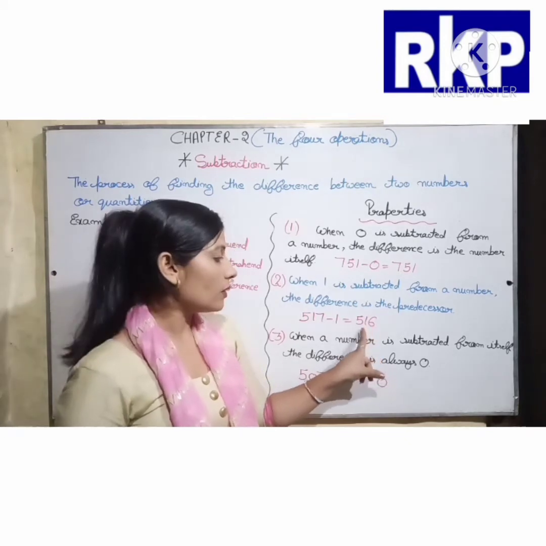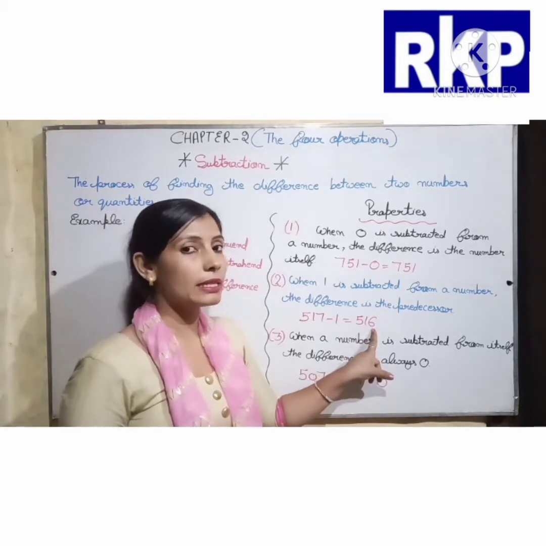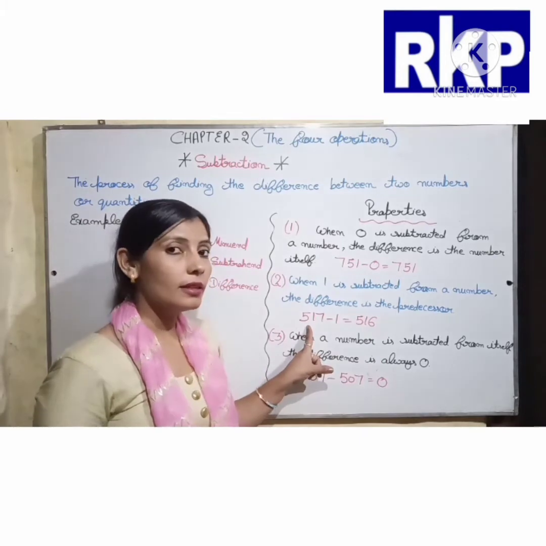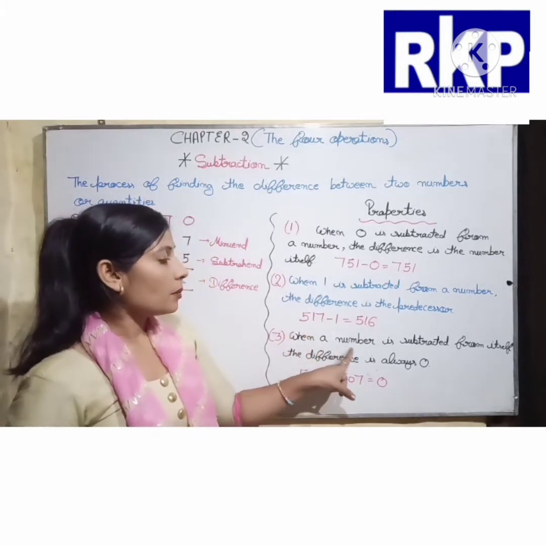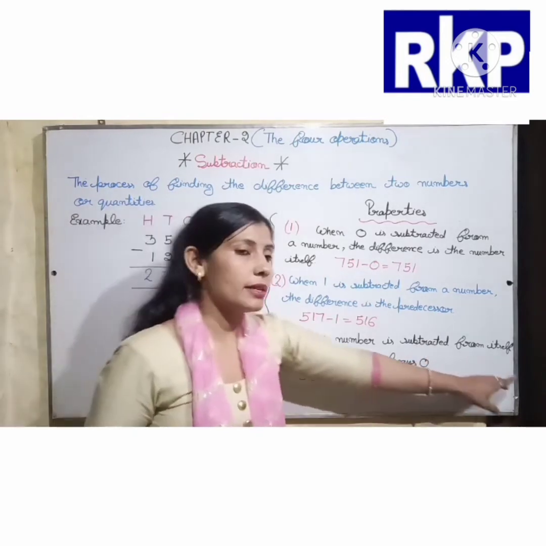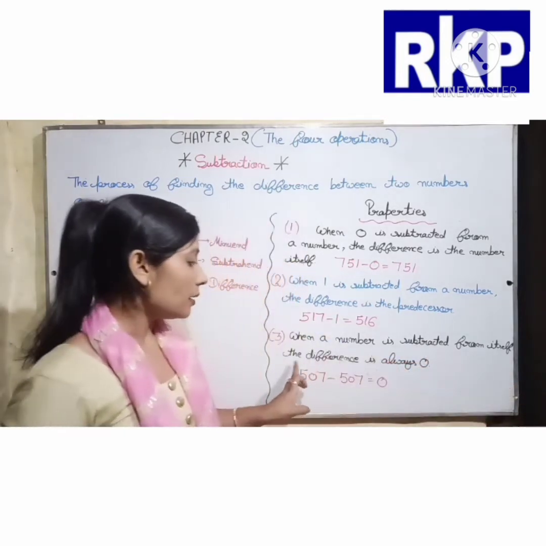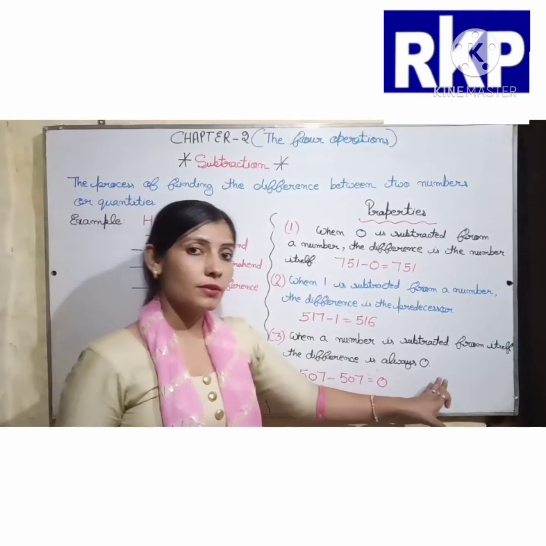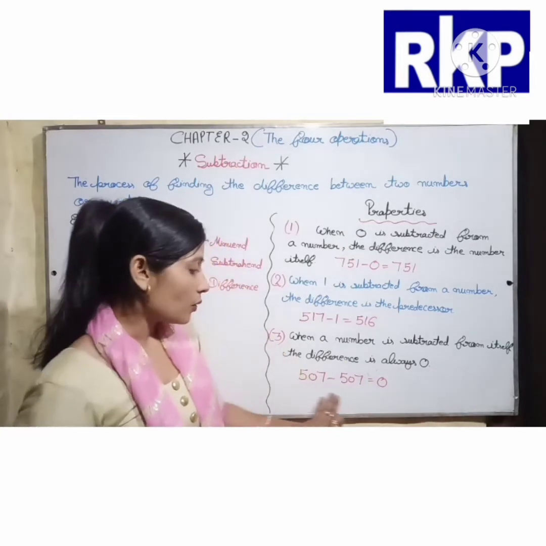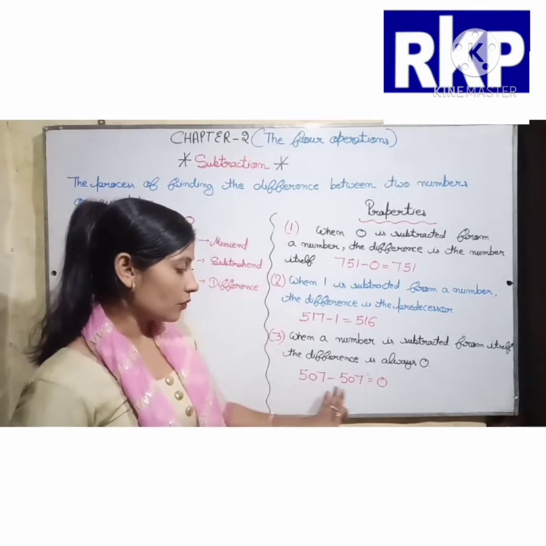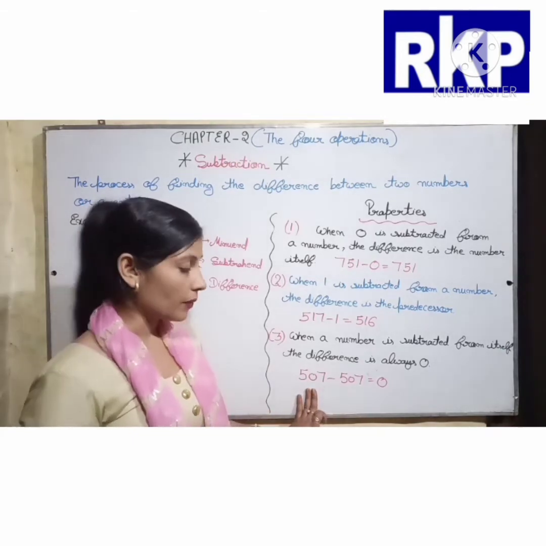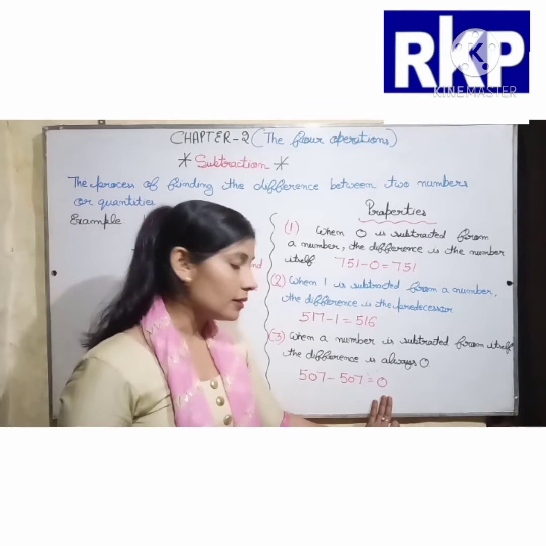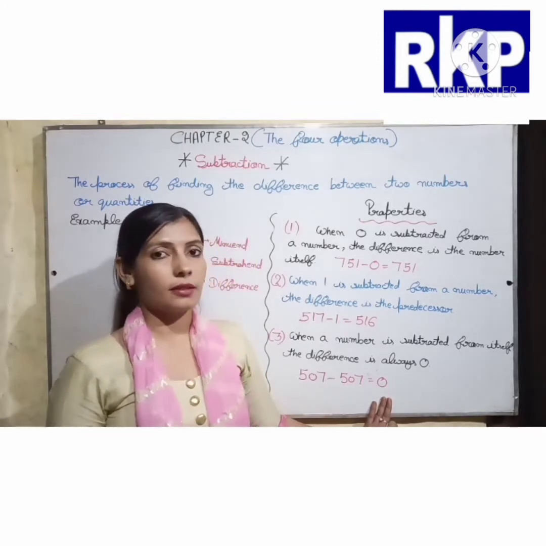And we know 516 is the predecessor of 517. The next property is when a number is subtracted from itself, the difference is always 0. Okay, here you can see when we subtract 507 from 507, we get 0 as an answer.